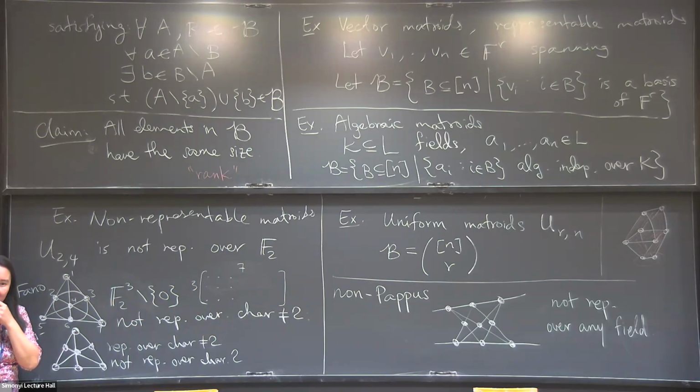A question: if I know that a matroid is algebraic over a field of characteristic K, does that mean it is algebraically representable over every algebraic closure of that field K? Or can I write it only in a specific one?